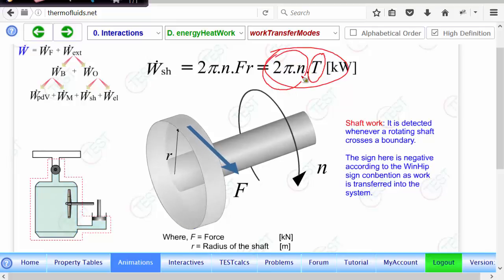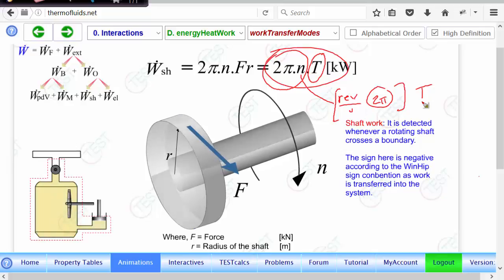So if n is the revolutions per second, 2 pi is the angle, right? In 1 second you're sweeping that amount of angle, because n is the number of revolutions, and one revolution is 2 pi. This is the counterpart of the distance, and the counterpart of force is the torque, and so that's the rate of shaft work.